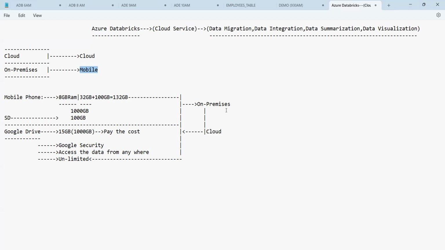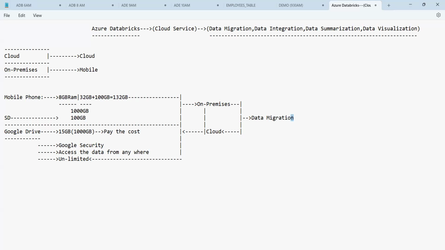Whenever we move the data from the mobile phone to the cloud, the Google Drive, this process of moving the data is called data migration.